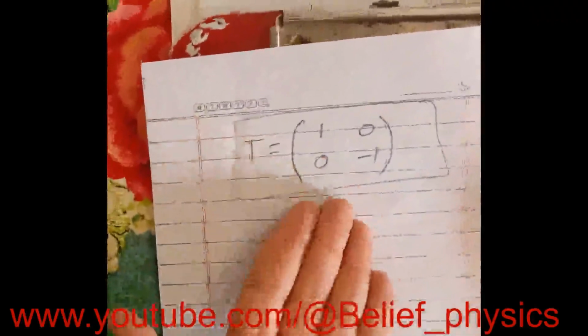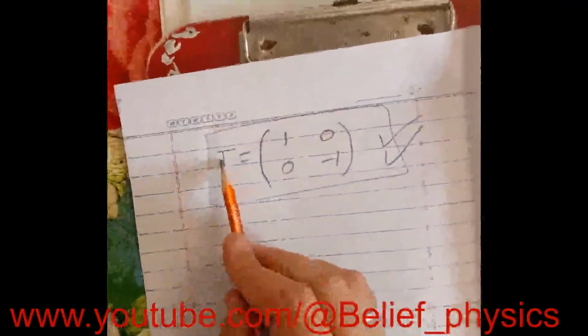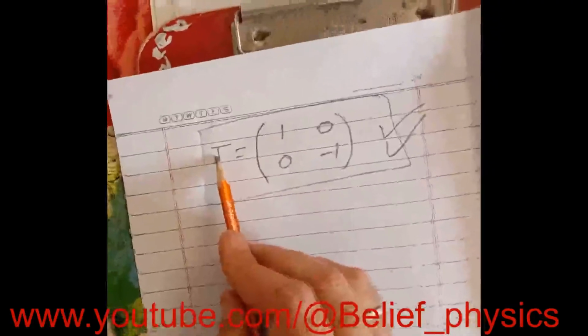This is a reflection, basically reflection in the x-axis. If we look closely on the diagram, QR is the reflection of Q in the x-axis. Therefore our answer is correct. So the matrix that represents the transformation that maps Q onto R is 1, 0, 0, -1.